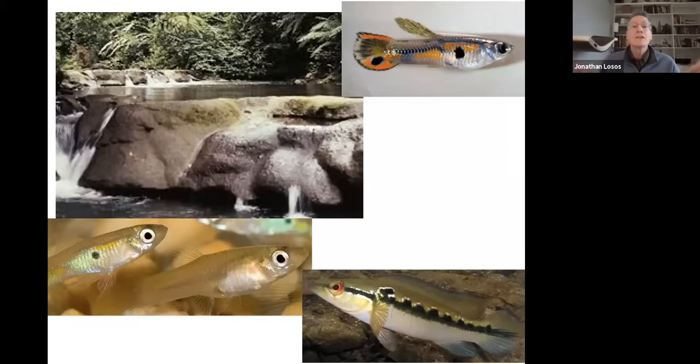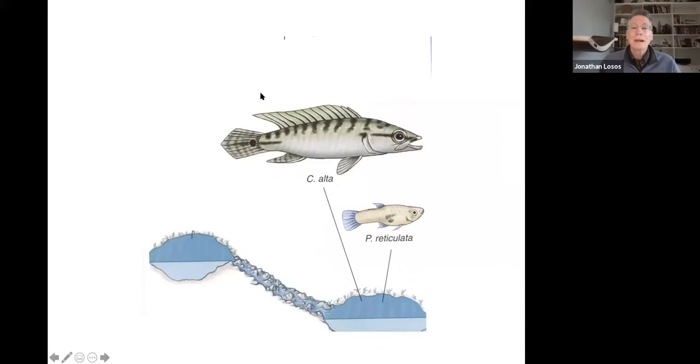Well, that was the association that Endler started with, but as we all know, correlation does not prove causation. And so Endler decided to do an experiment. What he did was he basically airlifted some drab guppies, not very far, just slightly up a stream, to a pool where there were no guppies and no predators. And the prediction was, in the absence of predators, they should evolve to become more colorful.